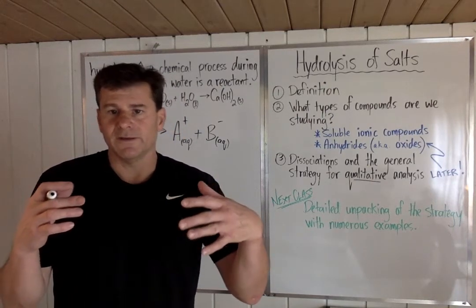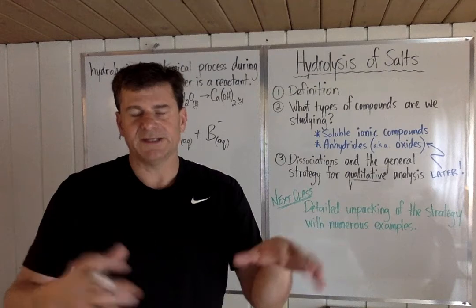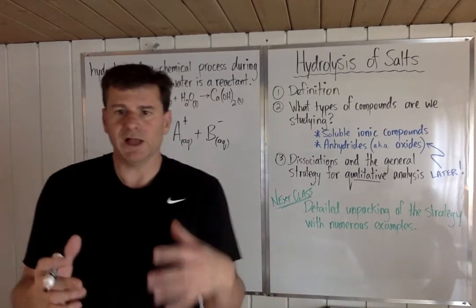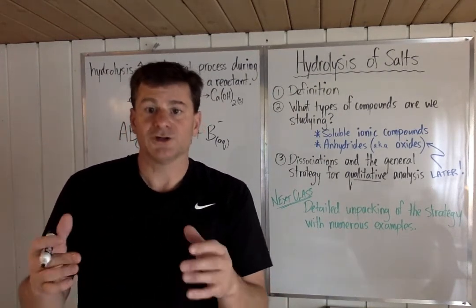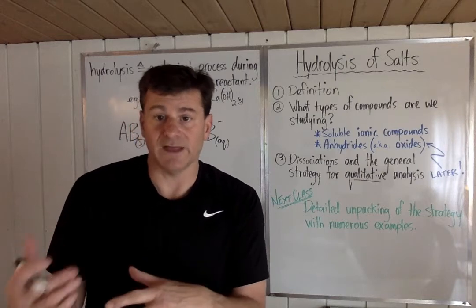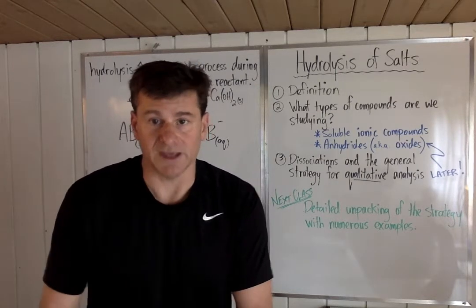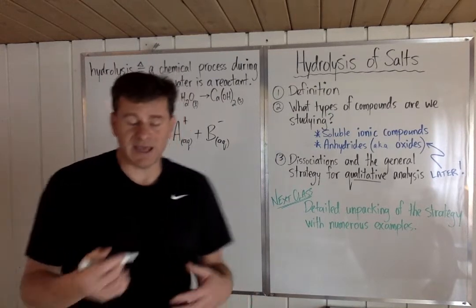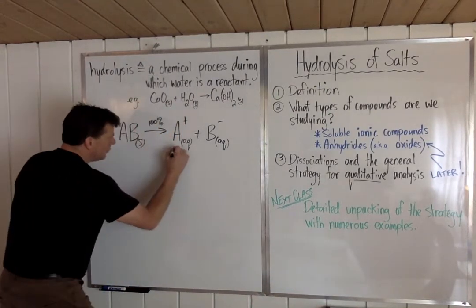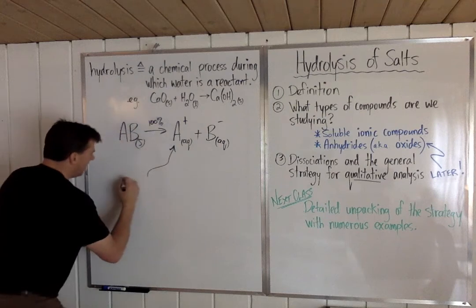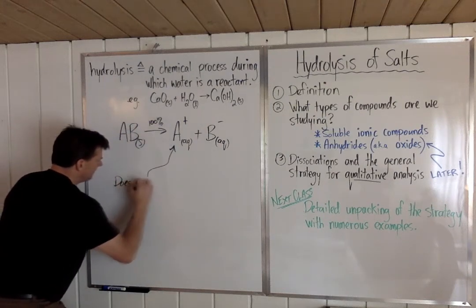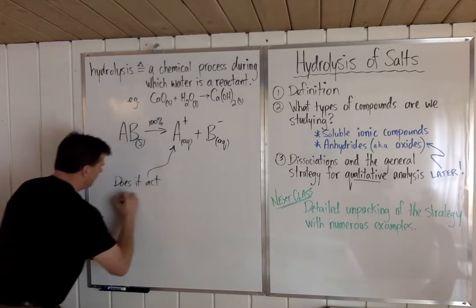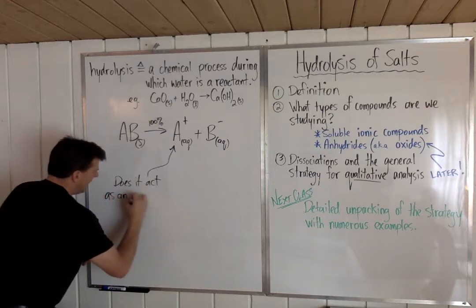So the bulk of this unit will be A plus, does it do anything in water? Trying to determine how you figure that out. What things do something and how do they do it? Do they act as an acid? Do they act as a base? So you kind of ask the question of that guy, does it act as an acid?